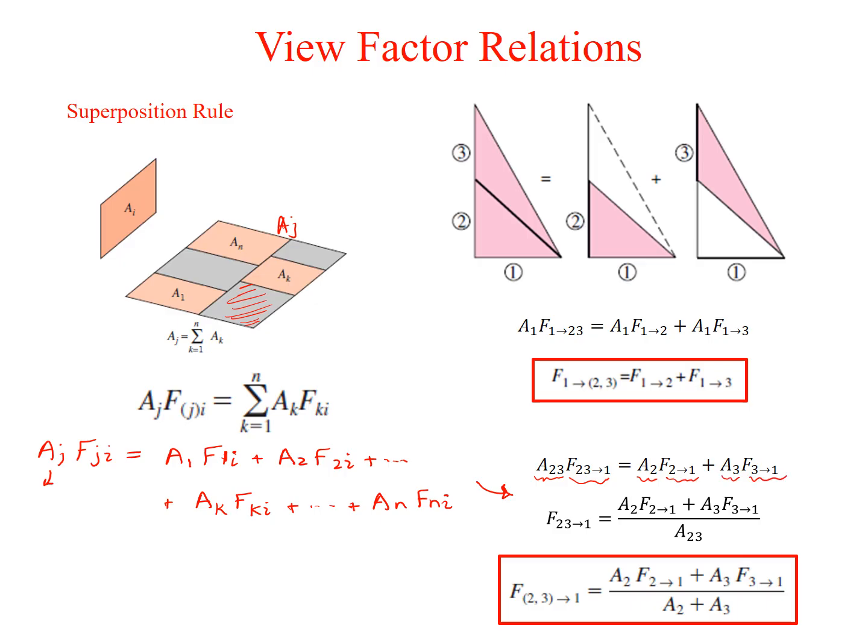Or in other words, you can divide everything by A23 and have this relation, or in the nicer form, just this relation. So this is basically what's called the superposition rule.